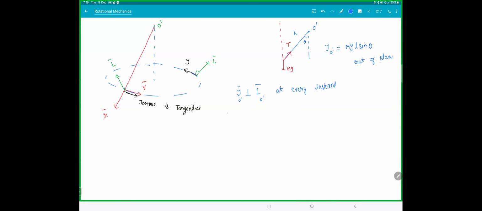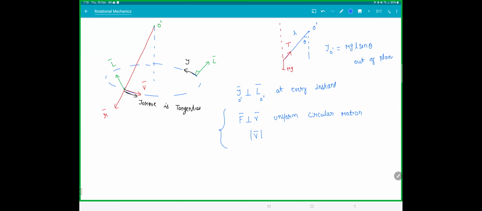Now, can you see some kind of resemblance? This looks like if force is perpendicular to velocity bar, this is what? Uniform circular motion, no? The magnitude of speed remains constant, but the direction changes.